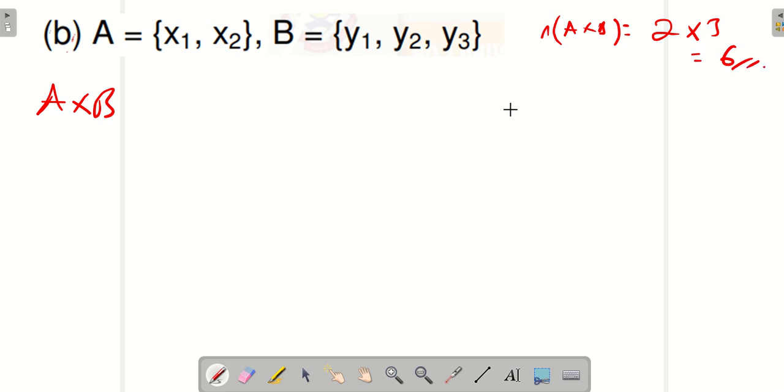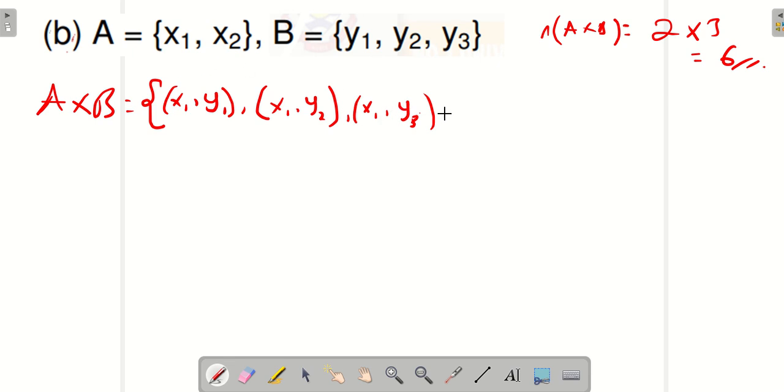So we are going to get 6 different products from A cross B. So we can start. The first one will be X1, Y1. Then we have X1, Y2. Then we have X1, Y3.